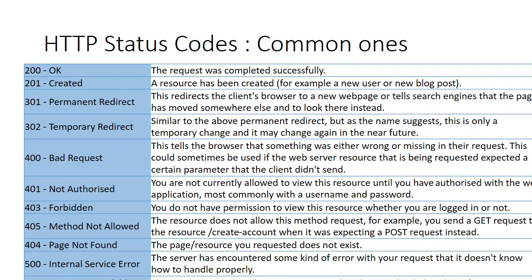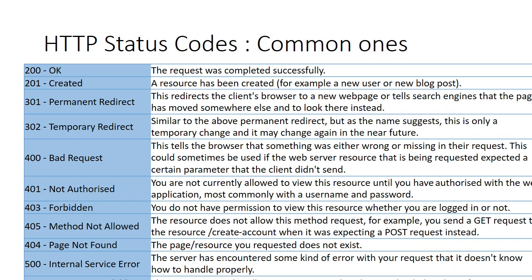So we're going to have a look at the common HTTP status codes. 200 for OK, the request was completed successfully. 201 created means that a resource has been created. 301 permanent redirect. So this redirects the client's browser to a new web page or tells search engines that the page has been moved somewhere else and to look there instead. 302 temporary redirect.